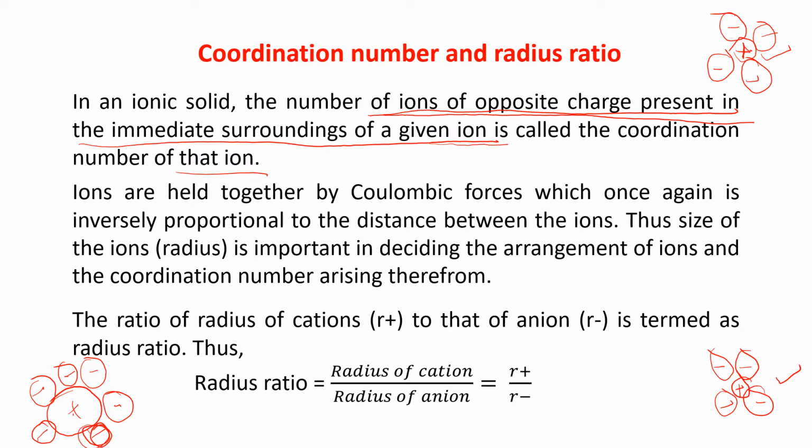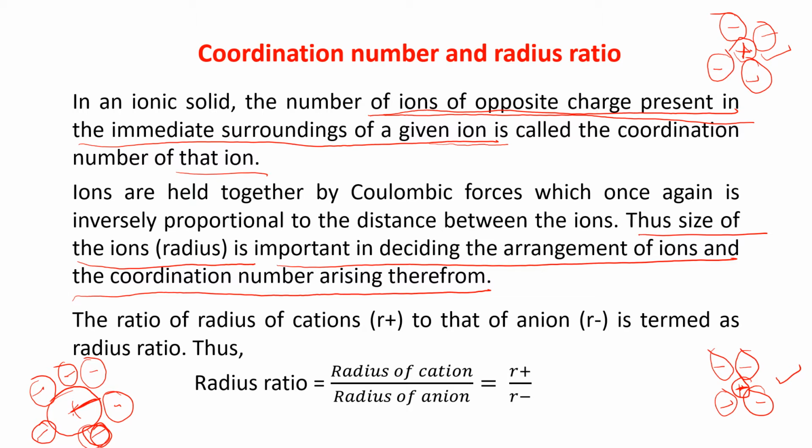So the radius is bigger than this radius. So the radius is important in deciding the arrangement of the ions and the coordination number arising therefrom. I think it is clear to you. If the size is bigger, then the coordination number will be more. If the size is smaller, then the coordination number will be less.